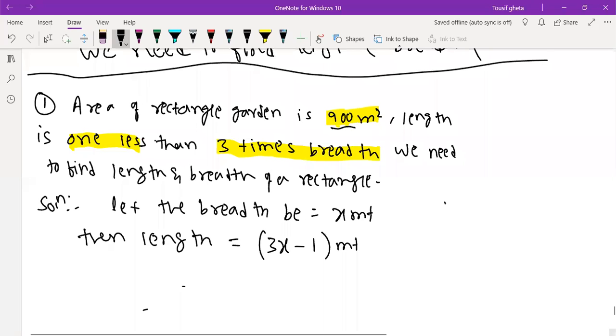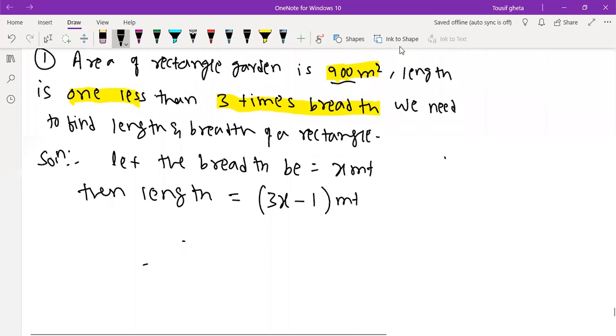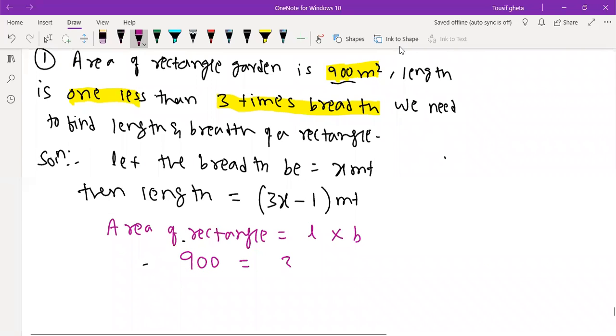Now we know the formula for the area of a rectangle. Area of rectangle is equal to length into breadth. The area is given as 900, and the length we have is 3x minus 1.